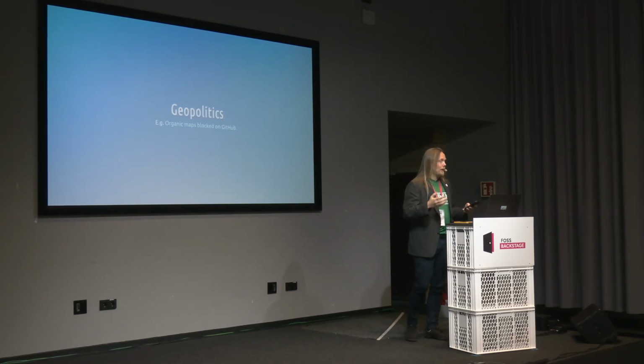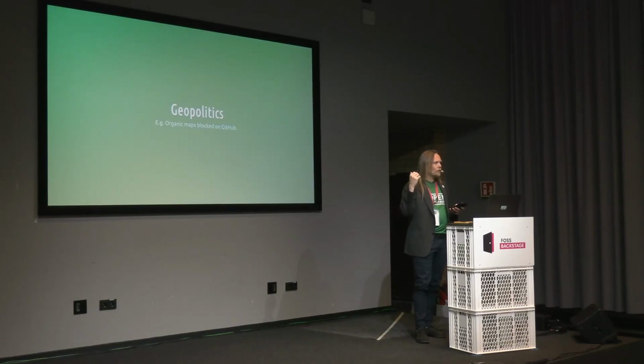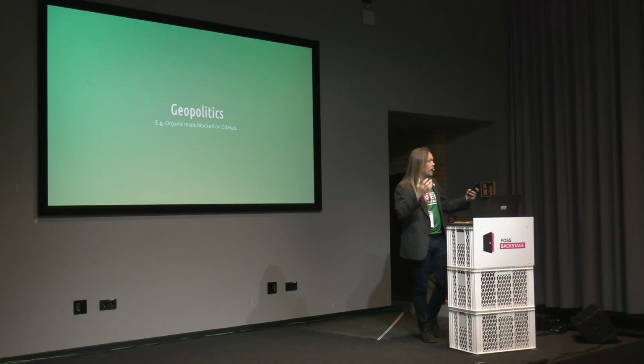And we've heard too many times already at this conference about geopolitics in the world, and how that has influenced many software developers. There have been many more since, but I think it was maybe exactly one year ago when Organic Maps got blocked because of one contributor being from Russia, which is under sanctions.